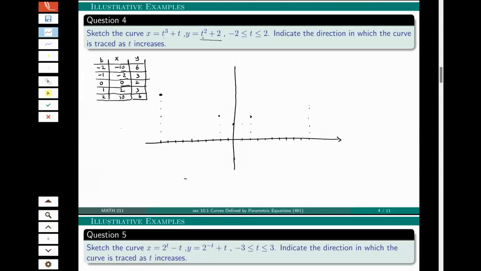It will be 1, 2, 3, 4, 5, 6. So we started from here, going that way, and that is our graph.